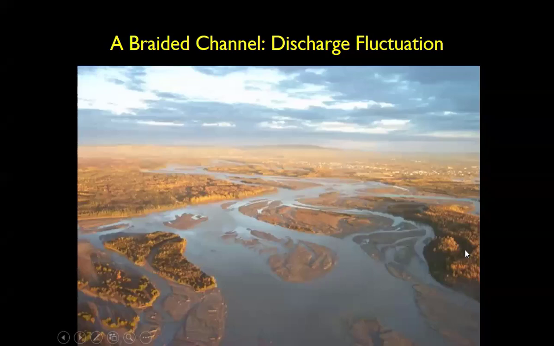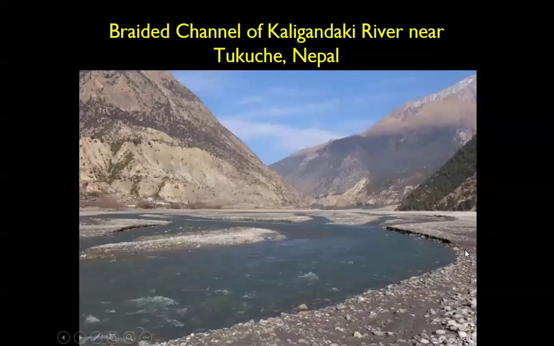And as you're thinking about that, I'll show a picture of a braided channel, someplace where we did research, up at about a 12,000 foot site in Nepal. A hint is that this is kind of at the foot of the mountains. Yeah.